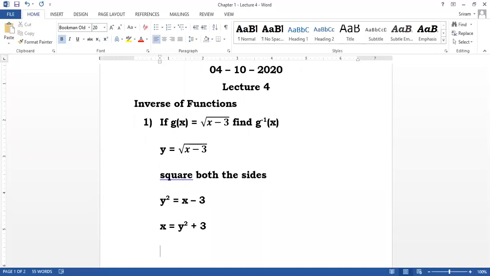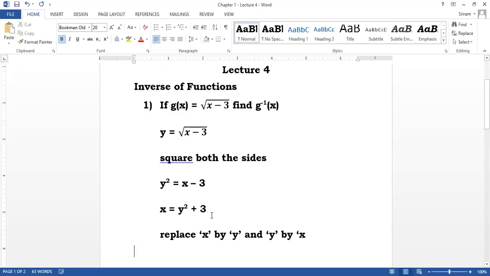Now I am going to replace x by y and y by x. What is the meaning of this? I have x and y, and I just want to swap them.